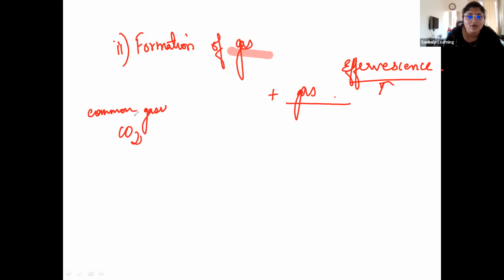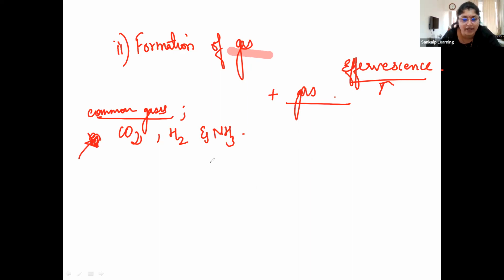Common gases released are carbon dioxide, hydrogen gas and ammonia, NH3. These are the gases which are released when a chemical reaction is occurring.